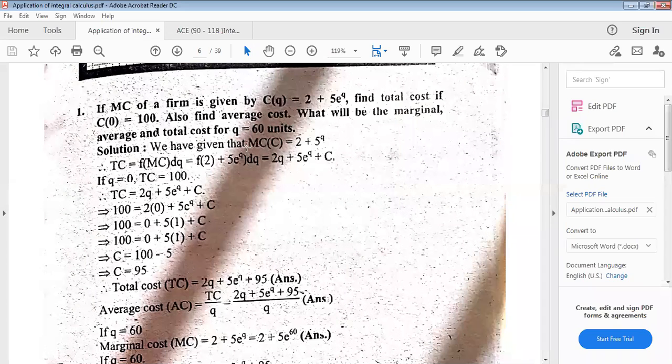We are given that marginal cost equals 2 plus 5 into e to the power Q. There is a 5 into e to the power Q, remember it.